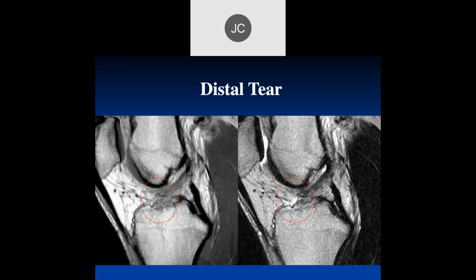Now, the distal tears can either be tears of the tendon at the bone tendon insertion, or they can be bone avulsions. It's an important distinction because the bone avulsions typically will displace, and as we'll talk about now, those are best treated surgically by reimplanting the bone onto the tibia.